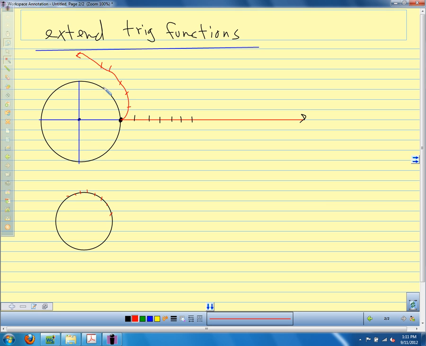So an example of this, the type of problem that you might see, is you might be asked to evaluate the 6 trig functions for the real number t equals pi over 3.